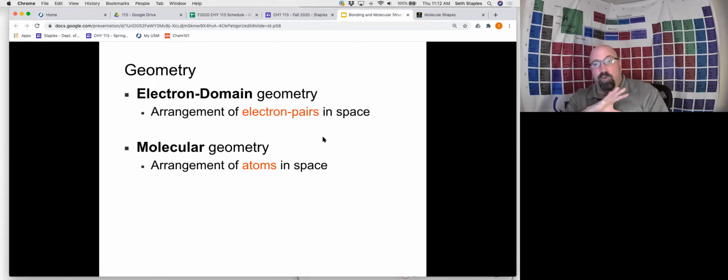Now, as we work through all of the different electron domains and the different molecular geometries that those can give rise to, one of the patterns that you'll notice is that if the central atom does not have any lone pairs, does not have any non-bonding pairs, that's going to mean that the electron domain geometry and the molecular geometry are the exact same for that molecule. And that should make sense. Let that percolate in your heads a little bit and see if that just makes sense to you.